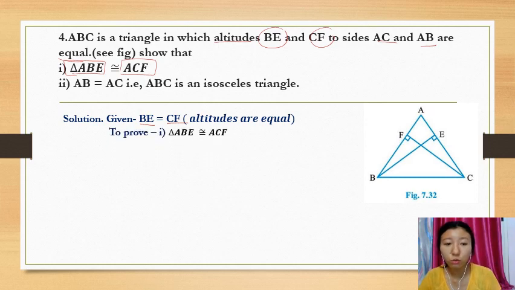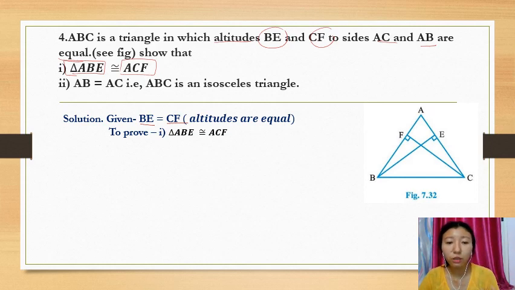Okay, now to prove this, in triangles ABE and ACF, angle AEB and angle AFC are 90 degrees, BE and CF are equal, and angle A is common. So using this condition, you can write which criteria it fulfills to make these two triangles congruent.